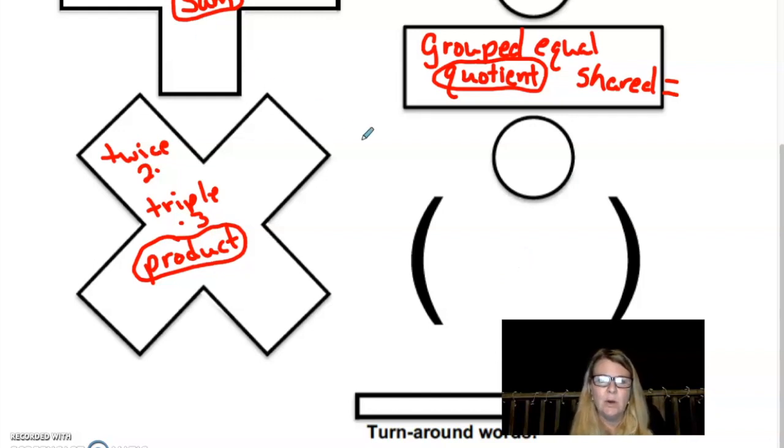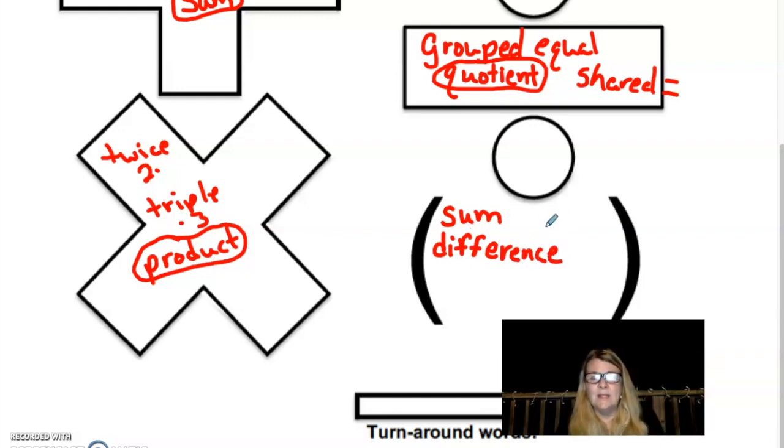So if we see the word sum, because it's the answer that you get when you add things together, there's a good chance you need to use parentheses in your equation. If you see the word difference, this has to do with order of operations. If you don't have parentheses in there, you would normally do adding and subtracting last.